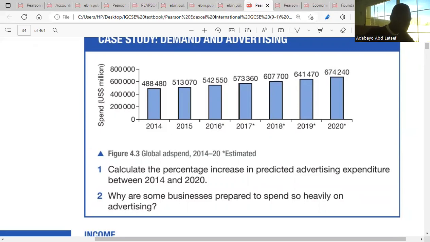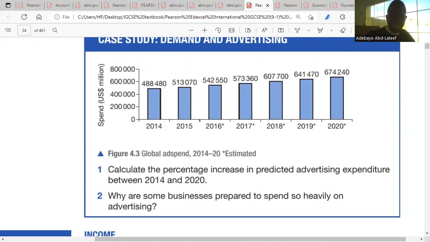So the change will be 674.24 minus 488.48, which gives us 185.76.